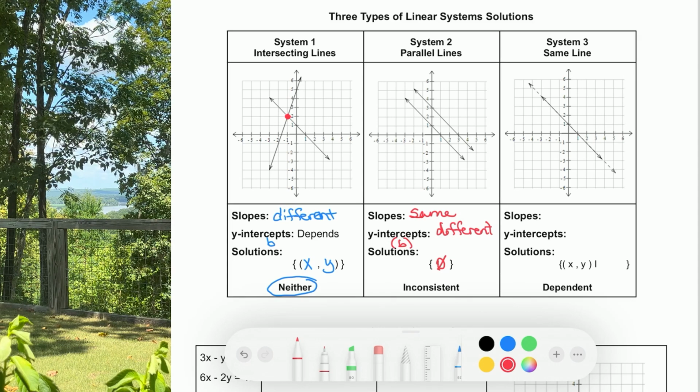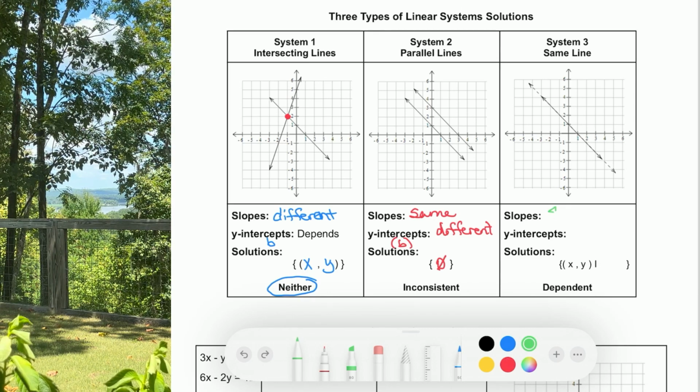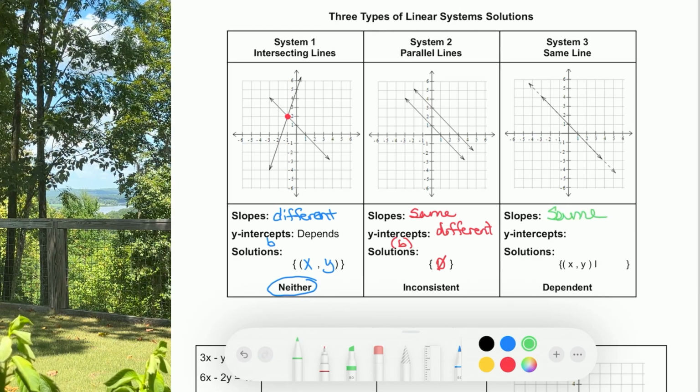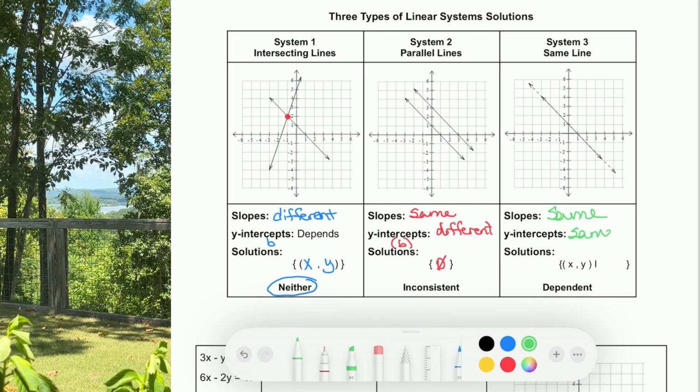So that's why it says same line. So their slopes are going to be the same. Their y-intercepts will also be the same because they're the exact same line. So everything is going to be the same.